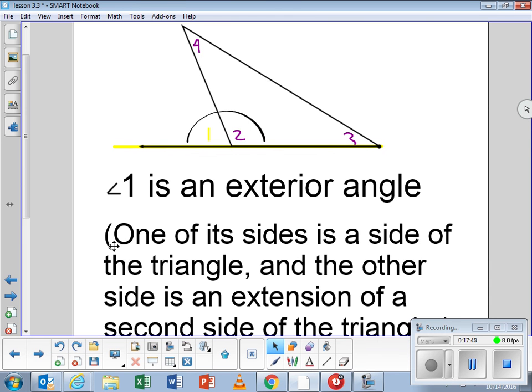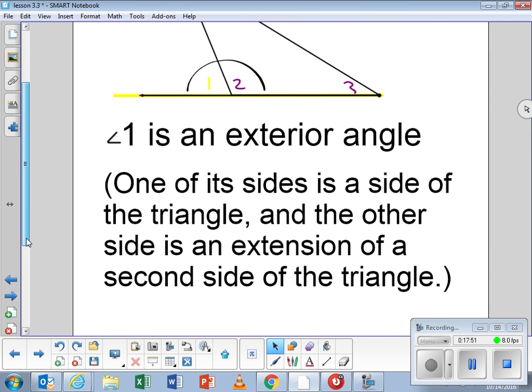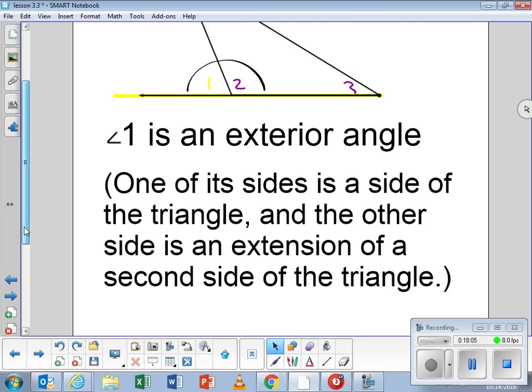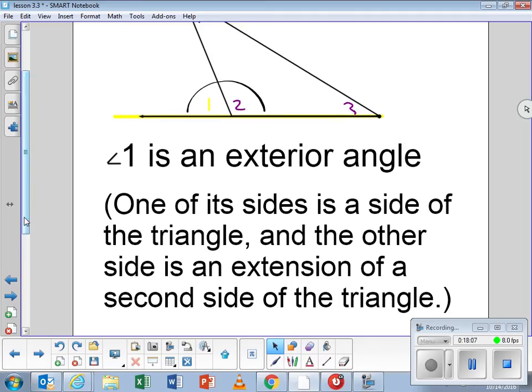What I want to get to is the definition of an exterior angle, and we're running short of time, so I want to speed this up. One of the sides is the side of a triangle, and the other side is the extension of a second side of the triangle. And so you'll notice it together with angle 2 made this long line. So this side right here of angle 1 is an extension of this side from angle 2.